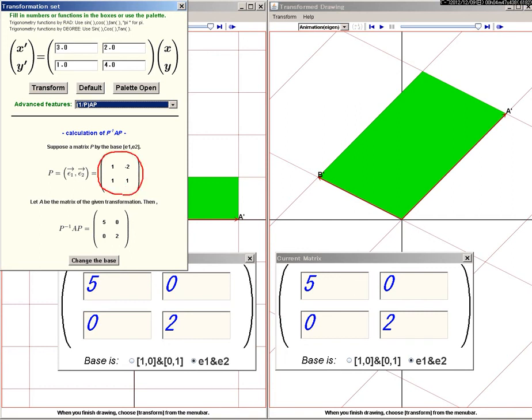Now P is (1,1) and (-2,1). And if you calculate P inverse BP, you get 5, 0, 0, 2.